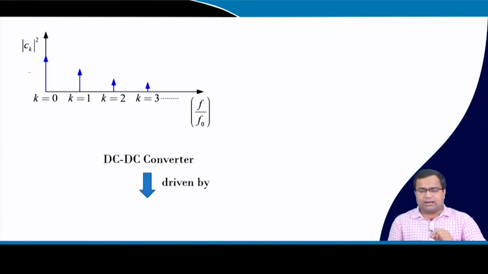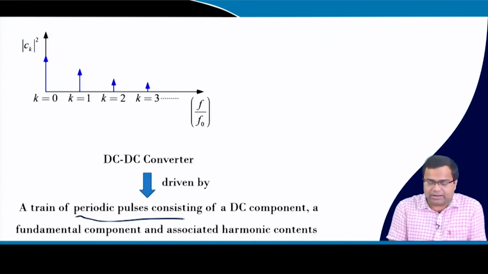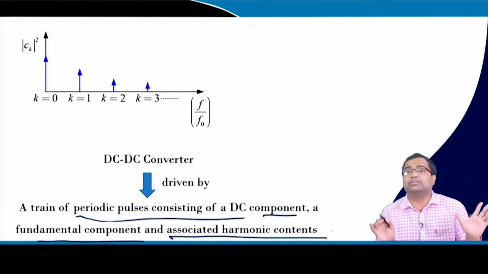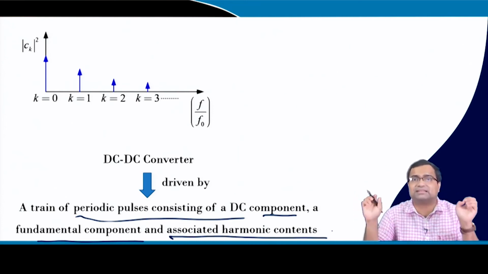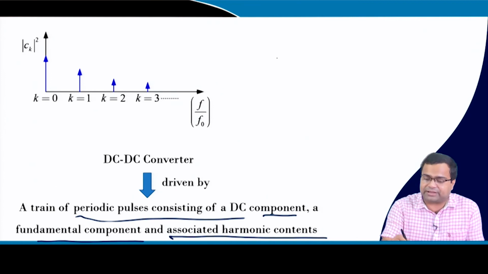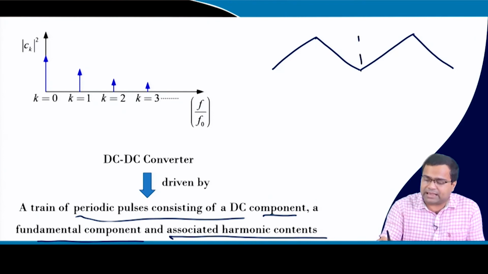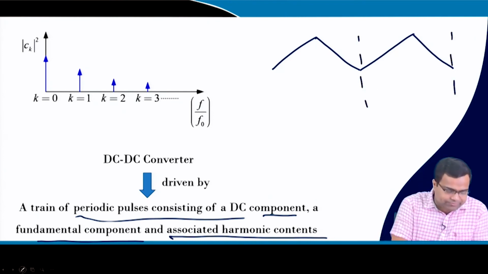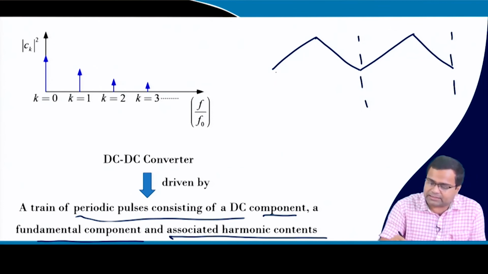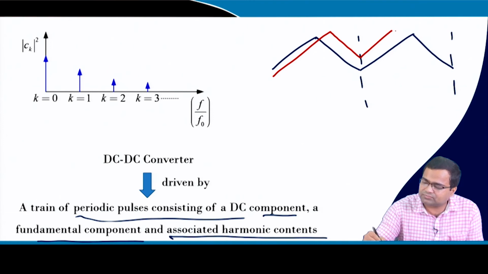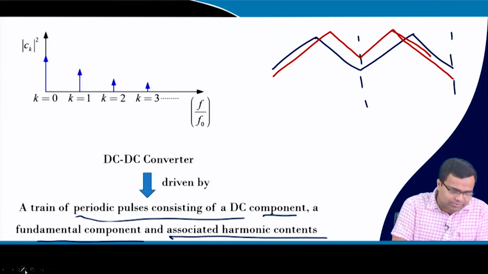That means again, a DC-DC converter is driven by a train of periodic pulses consisting of a DC component and a fundamental component and its associated harmonics, provided that there is no subharmonic oscillation. If there is a subharmonic, suppose you take the example, this is a periodic waveform I am just drawing, but for the same time period, if you draw another waveform which is something like this, so this is my subharmonic component.